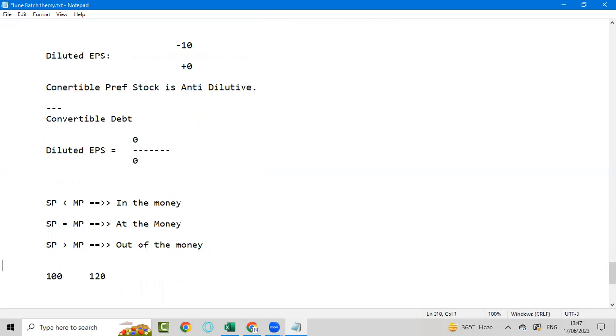Let's suppose strike price is 60 and market price is 50, what will happen? You can buy more shares than the shares you are issuing. So earning per share will increase instead of decreasing. So this is the anti-dilutive situation and this is the dilutive situation. Note it down.